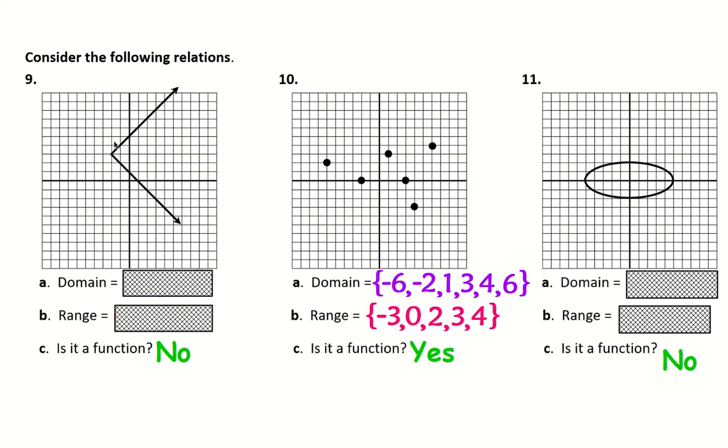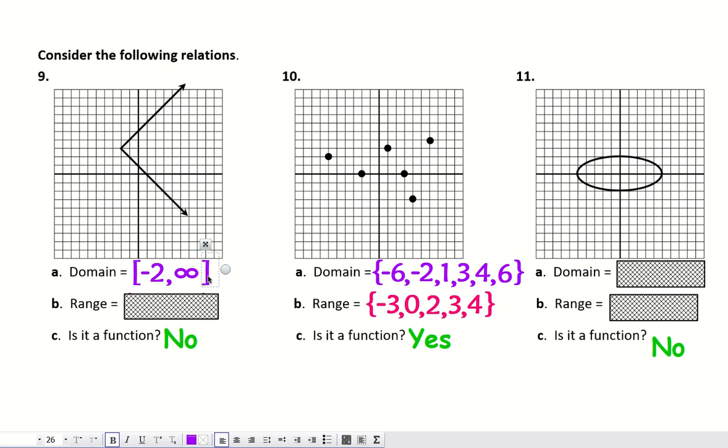As far as x coordinates here, the graph never goes any more left than this point right here, which has an x coordinate of -2. But it goes to the right forever. There is no largest x coordinate.